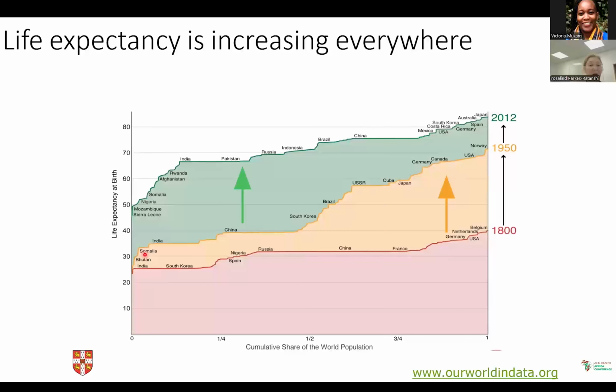But in lower-income countries, the incremental changes have been less. So there's still life expectancy less than 70 years in a large proportion of the population of the world. 50% of the population of the world expects to live to 70, and the highest income brackets would live to about 80.